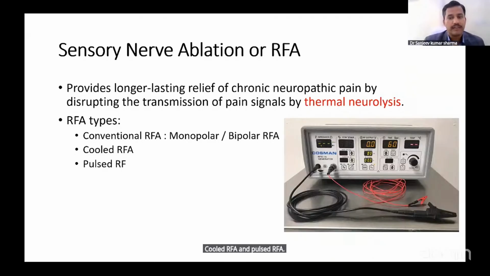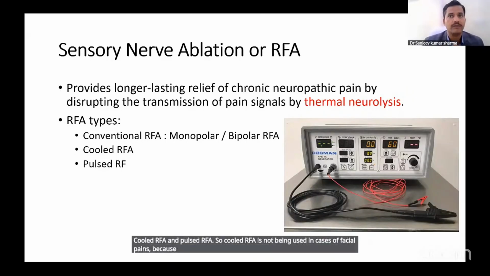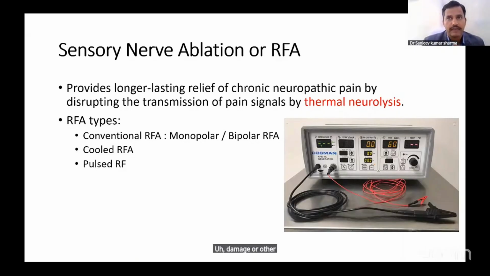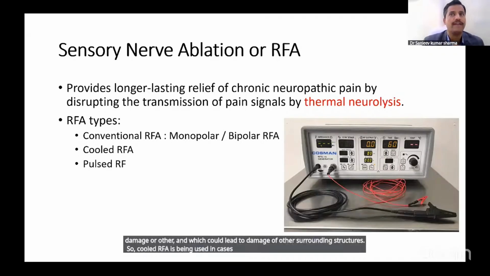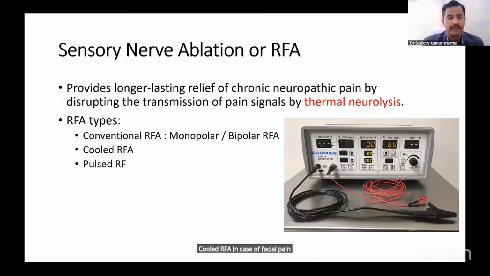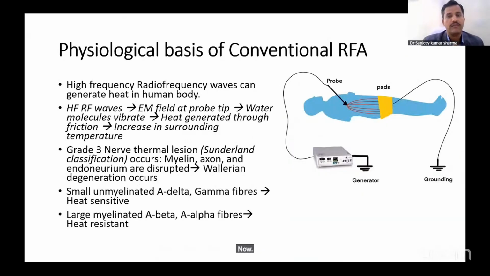Cooled RFA is not used in cases of facial pain because it produces a bigger lesion size, which could lead to damage of other surrounding structures. Cooled RFA is used in cases of joints like the knee joint, hip joint, and other structures. So we don't use cooled RFA in facial pain, but conventional RFA and pulsed RFA are used in facial pain.